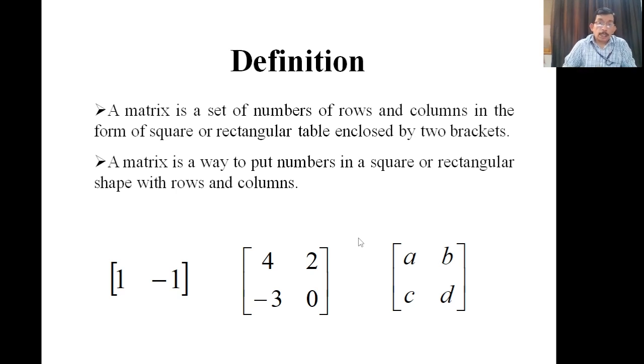Dear student, matrix has application when, suppose we are studying in a college or school and there are many sections, section A, B, C, D, and there are classes, suppose class first, class second, class third, and in class first there are four sections, section A, B, C, D. Then we arrange the data of students in the form of a matrix.